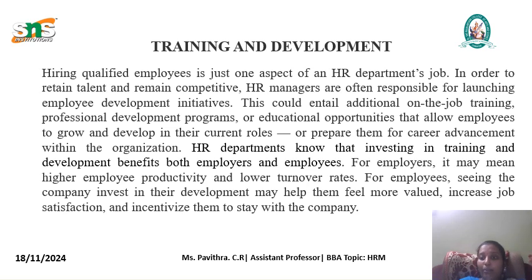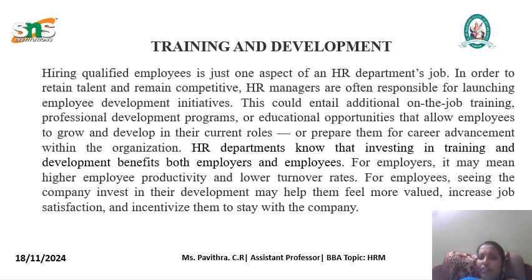The training and development process acts as a two-sided coin, as it benefits both the employer and the employee. What is the benefit for an employer in providing a training and development program? If the employees inside the organization are more productive and skilled, the work would be smoother, and the work would end with a positive result.